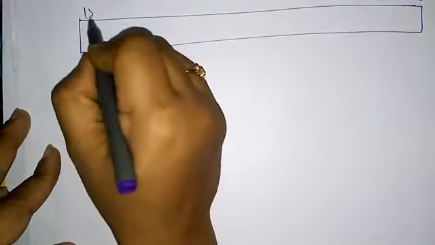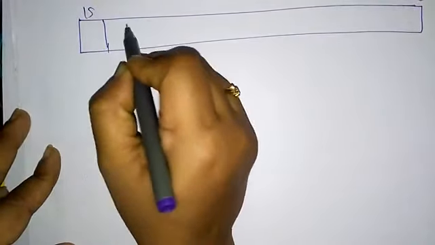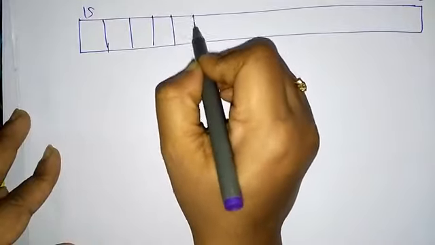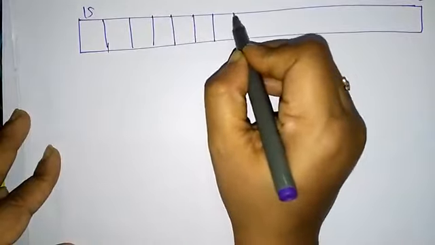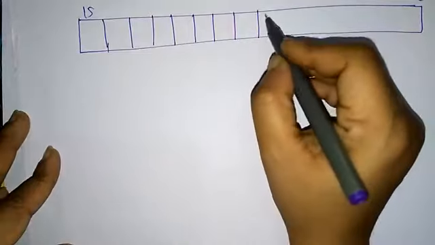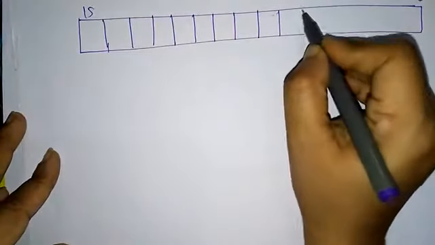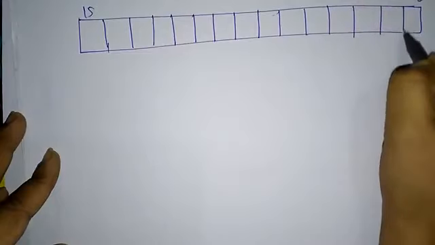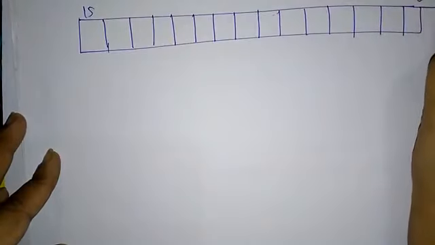So let me write that flag register. I said this is a 16-bit register, numbered from 0 to 15: 15, 14, 13, 12, 11, 10, 9, 8, 7, 6, 5, 4, 3, 2, 1 and 0.